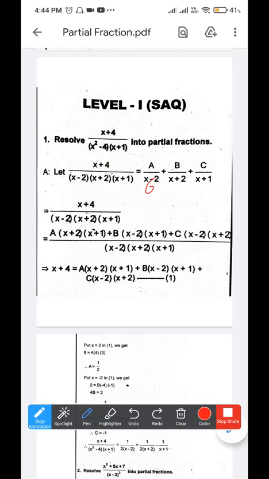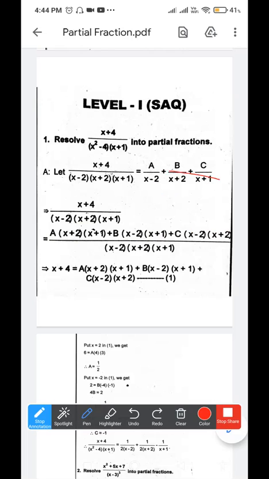With B we are multiplying (x - 2) and (x + 1). And with C we are multiplying (x - 2) and (x + 2). Clear? So we'll get this equation.